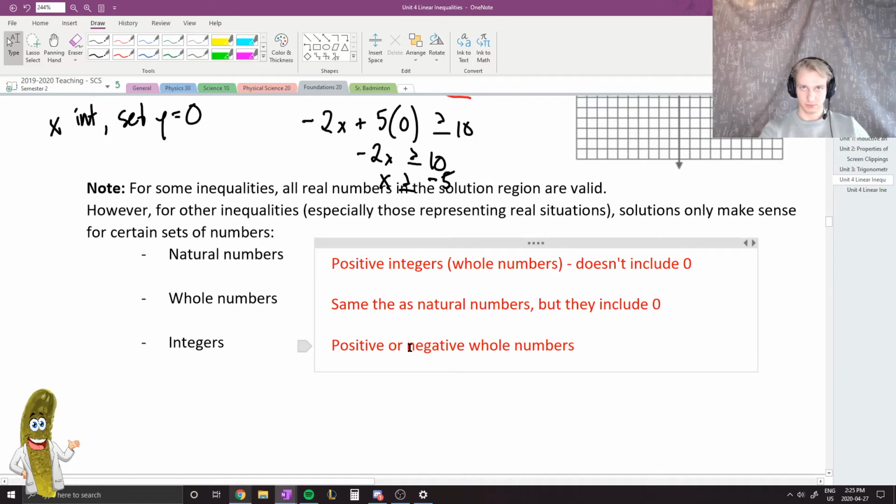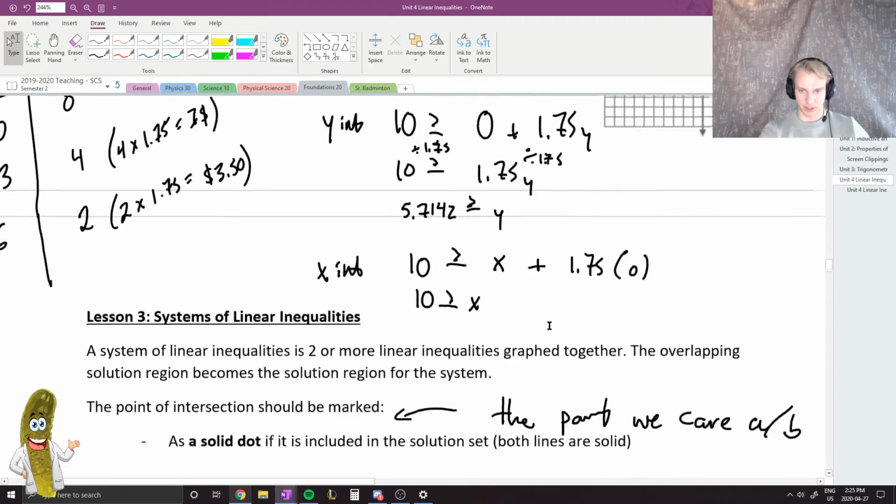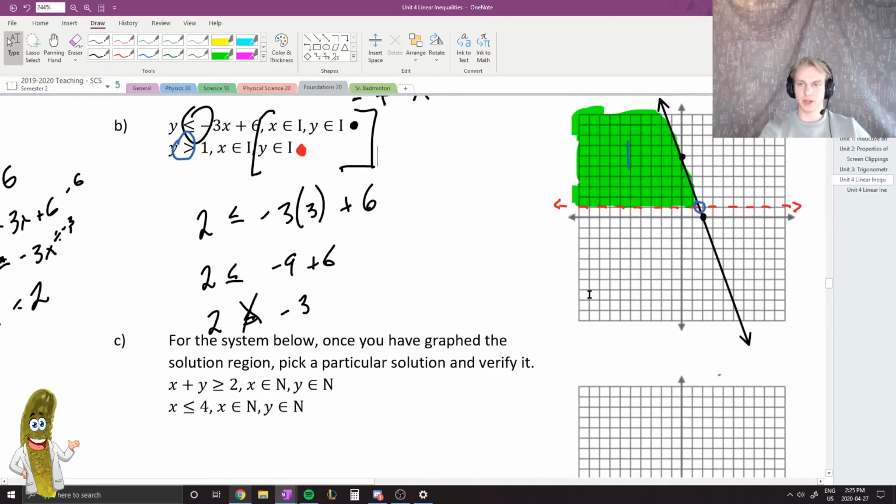Integers are positive or negative whole numbers. This would have been a little awkward if it was just whole numbers, because then we'd only have a little positive region there. But because it's positive or negative whole numbers, what that means is I can start to put little dots all the way around here.